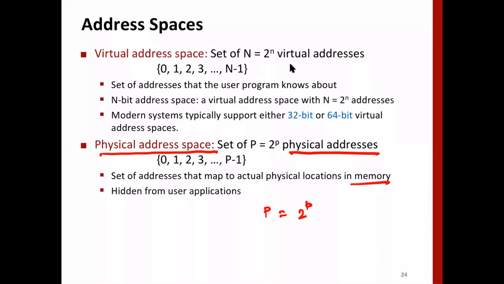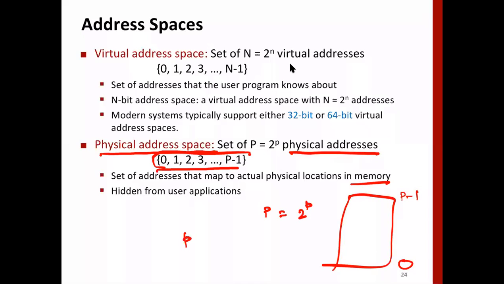So basically we need P minus 1. So these are the addresses or locations in main memory starting with 0. Let's assume 0 starts here and this will be P minus 1. So we need P bits to represent the address. While for virtual address space, we have 2 raised to the power n addresses.